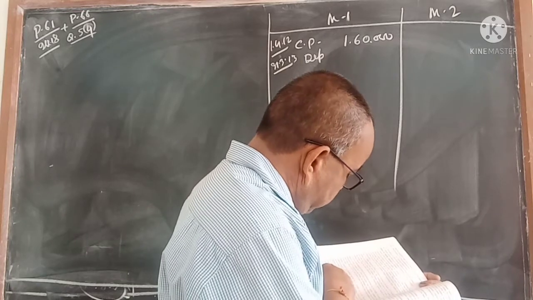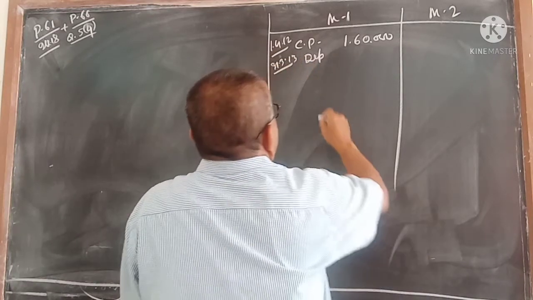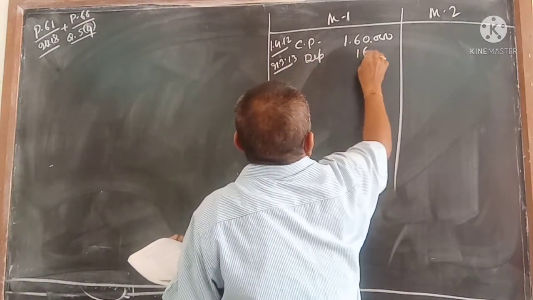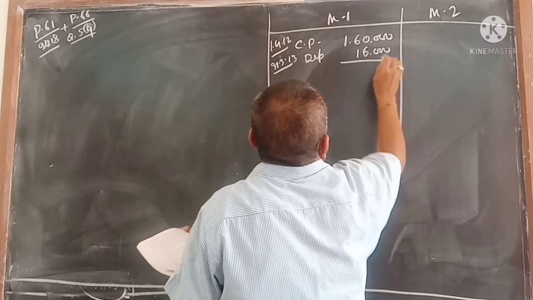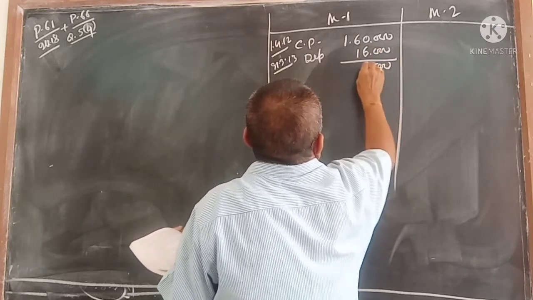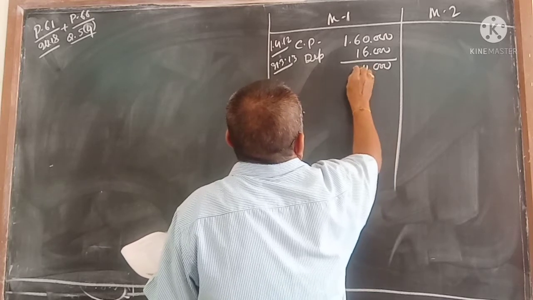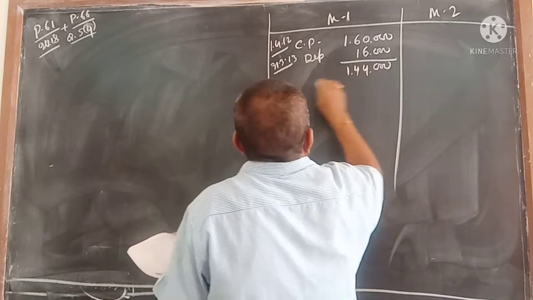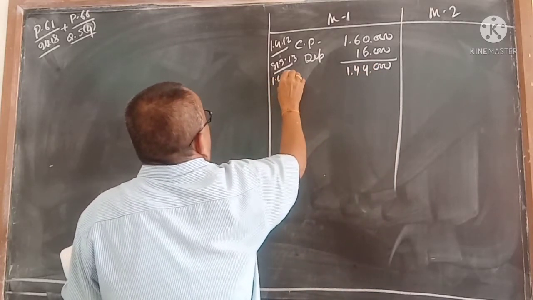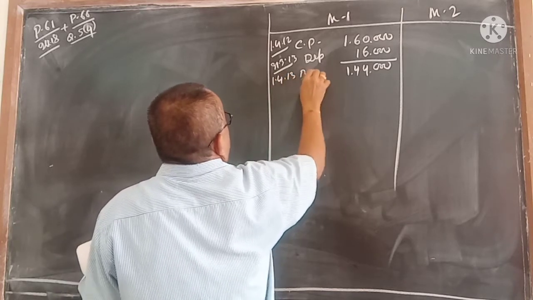How much percentage of depreciation? 10%. 10% means 16,000. Deduct it and the balance is 1,44,000.